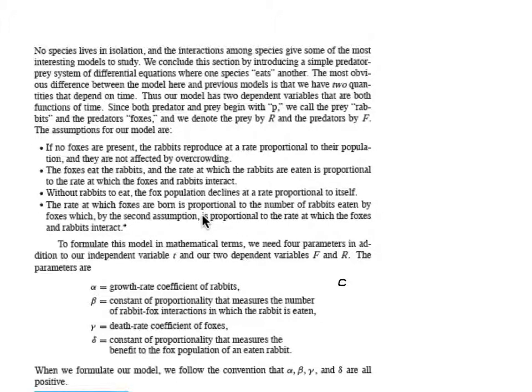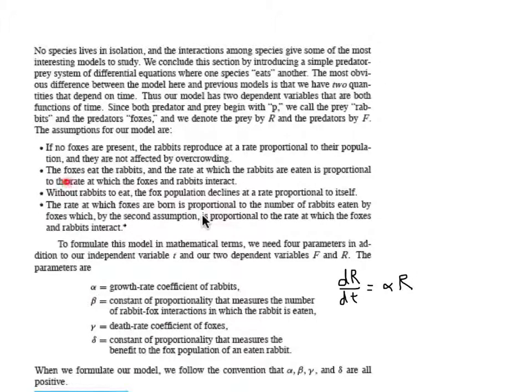So one thing I know is that the way the rabbit population changes is that it'll increase at a rate that's proportional to its population, and we've already seen that, and so this much is true. And here I'm using the letter alpha as described in this page of our text. It says let alpha be the growth rate of the rabbits. And so if there are no foxes present, the rabbit population is going to grow.